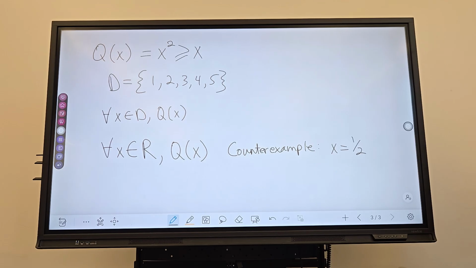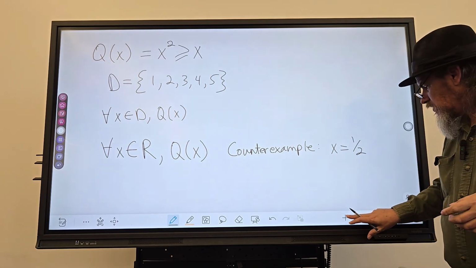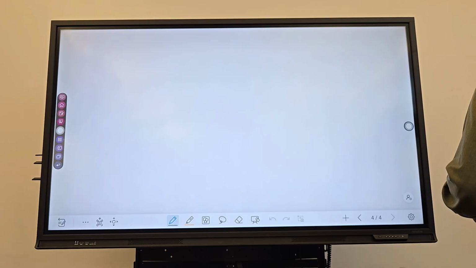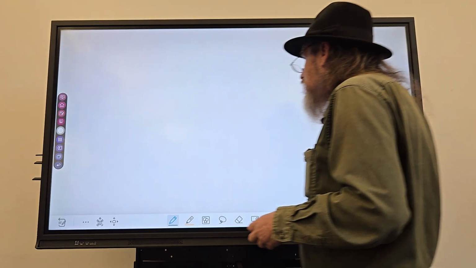So that is the universal quantifier. Now the counter to that is the existential quantifier.